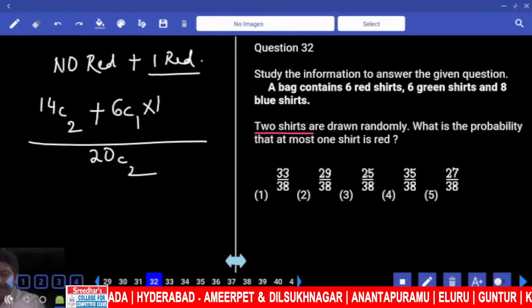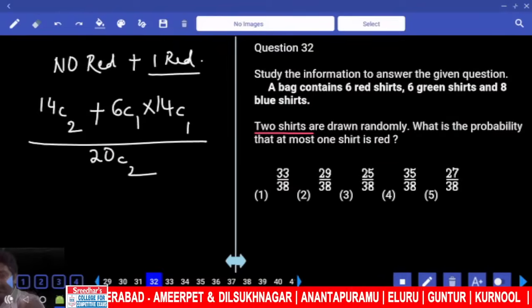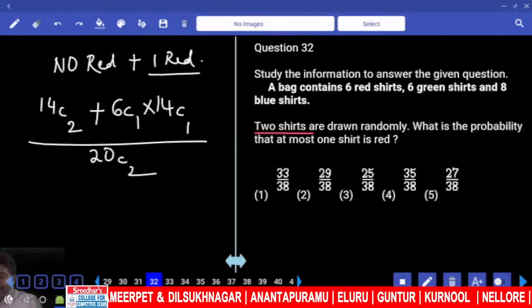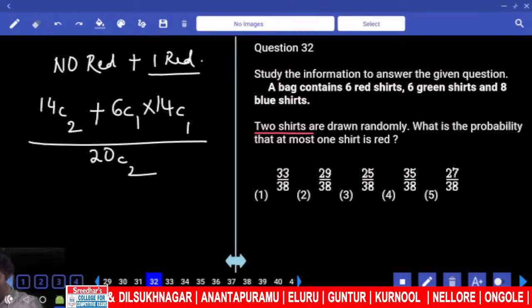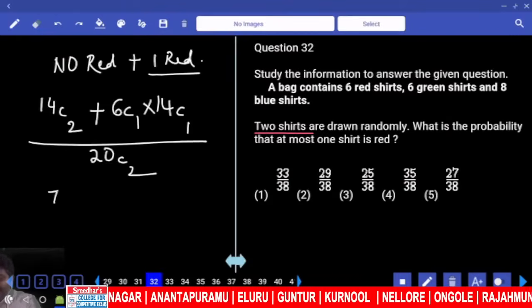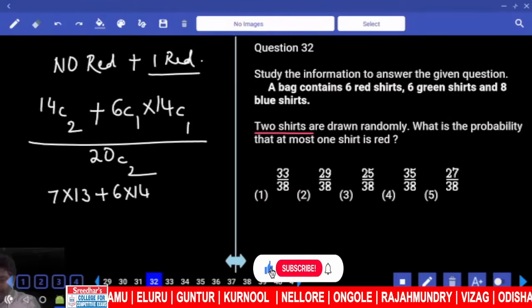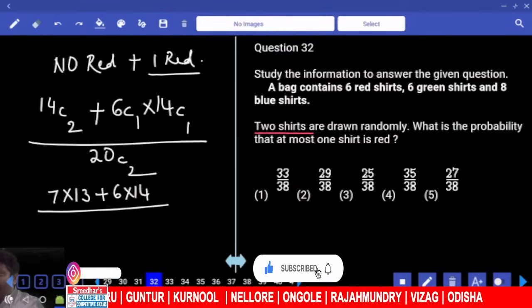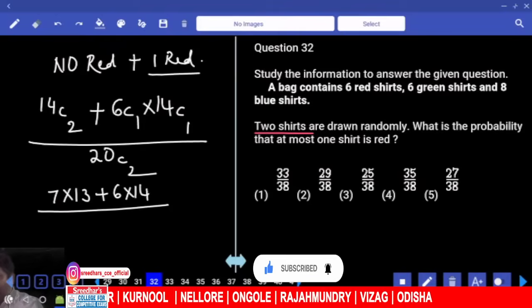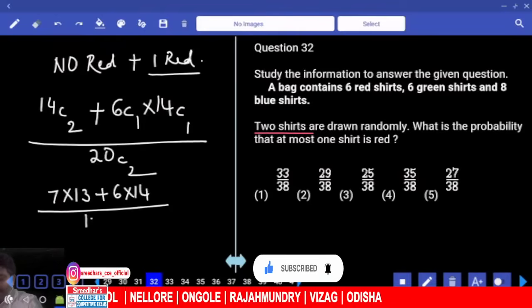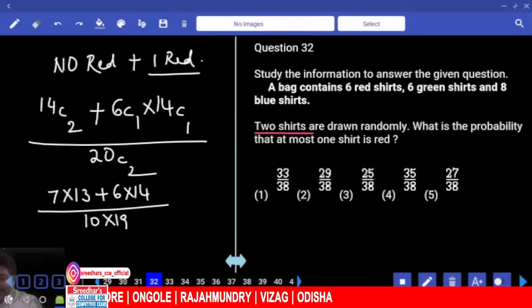And out of the remaining 14, we need to pick 1. 14C2 is 14 into 13 by 2, which is 7 into 13, plus 6 into 14, divided by 20C2, which is 20 into 19 by 2, 10 into 19.